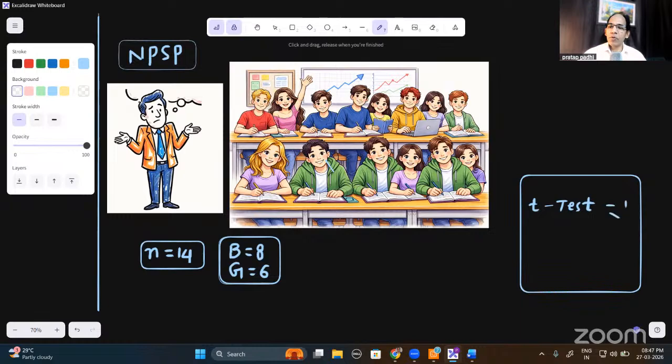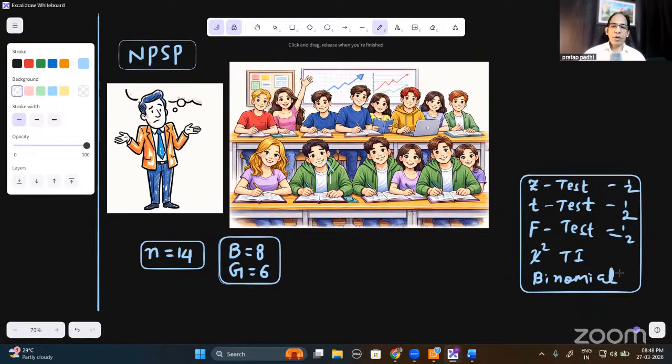We have the z-test, one sample, two sample. We have the f-test, one sample, two sample. We have the chi-square goodness of fit test also, or test of independence. We have binomial and Poisson.